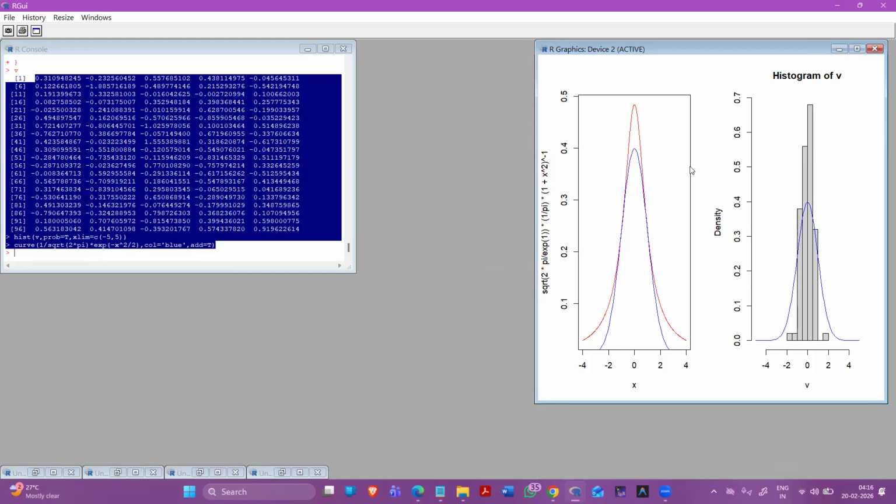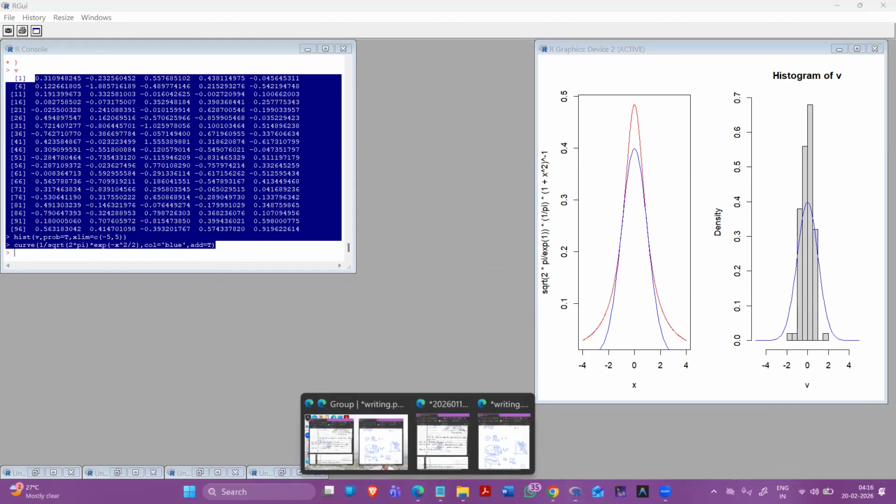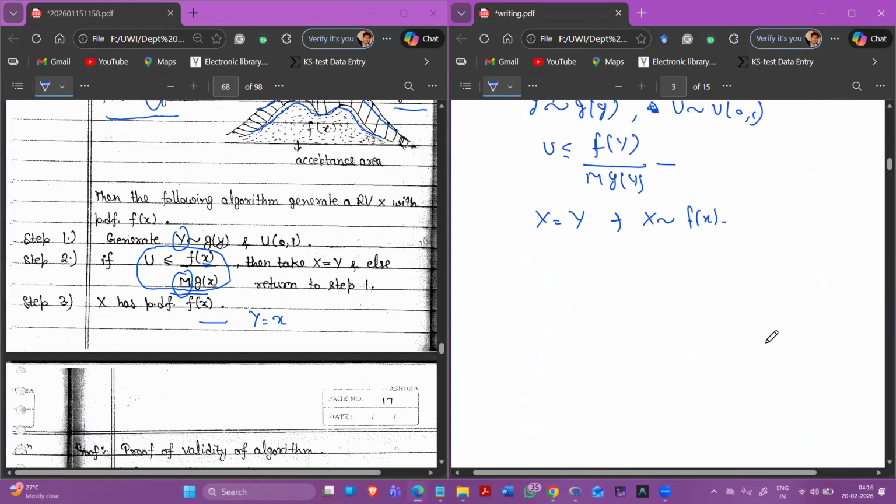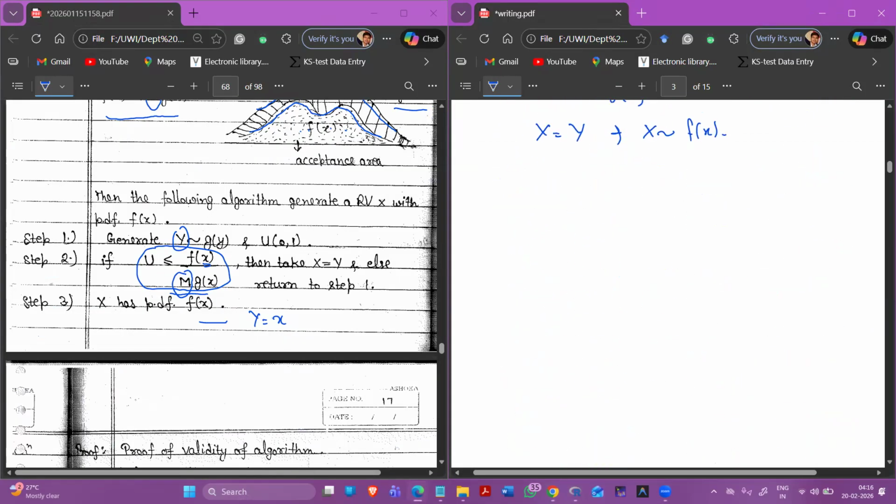You just try it once for the gamma distribution. What you do, you just try it. Suppose that your x follows the gamma distribution with parameter a and b.